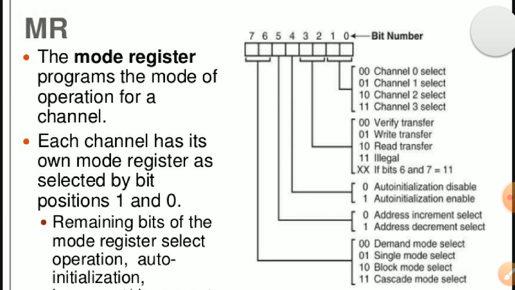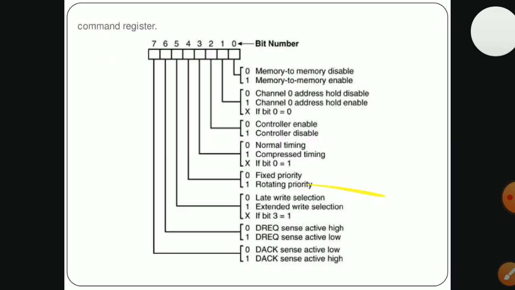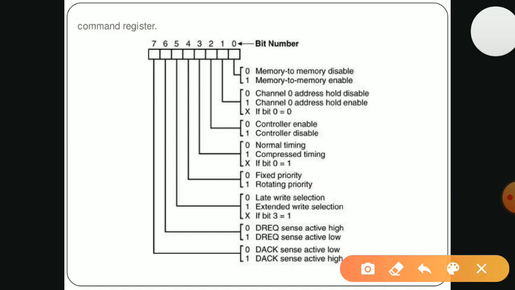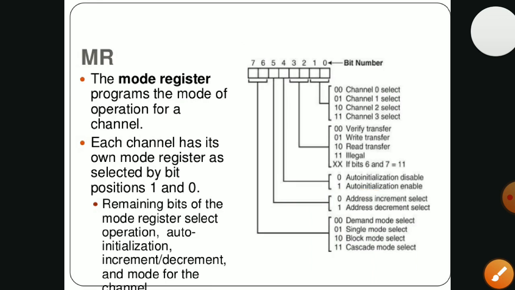Bits 0 and 1 are used for selection of the channel, whether it is channel 0, channel 1 or channel 2. Bits 2 and 3 refer to verify transfer, write transfer, read transfer, illegal transfer.